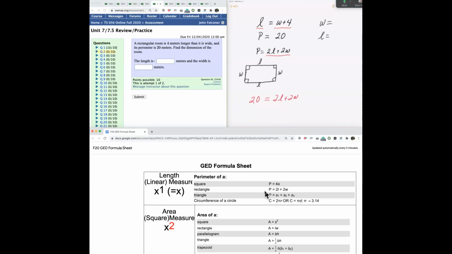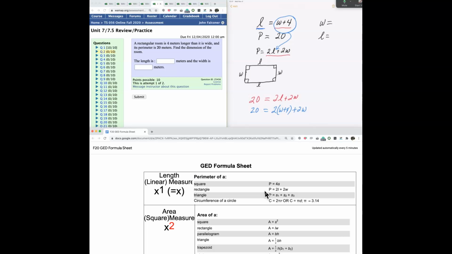And then we have to make one more substitution. We have been told that L is equal to W plus 4. So we are going to substitute W plus 4 for every L we encounter in our formulas. We only have the one, so we're going to rewrite this: 20 is equal to 2L, so we have the 2 multiplying W plus 4, and that plus 2W is going to give us the perimeter.